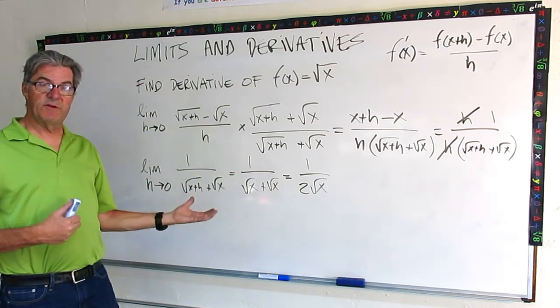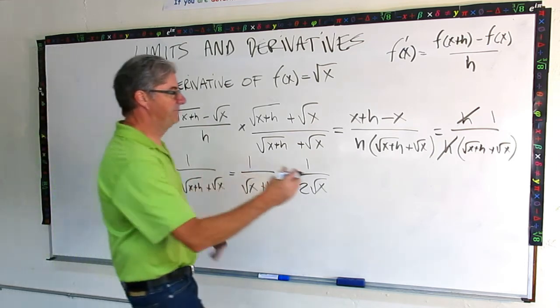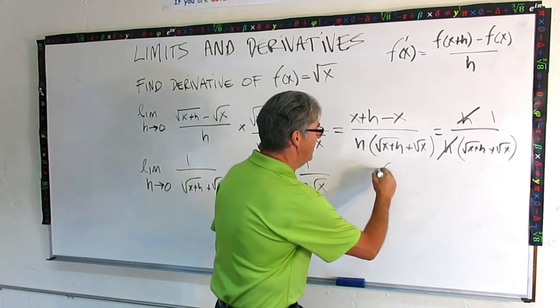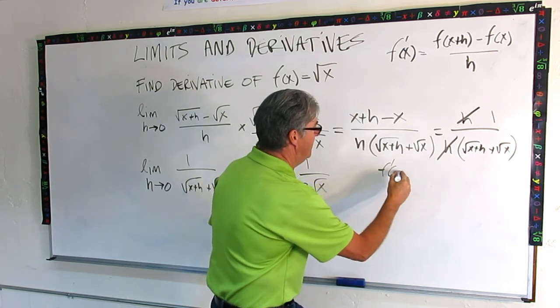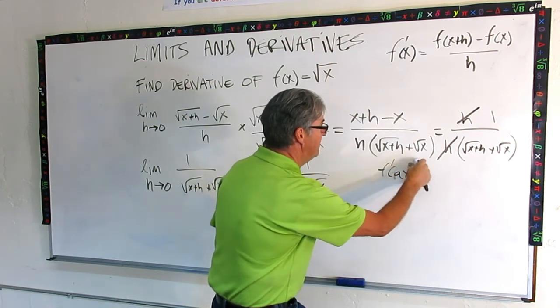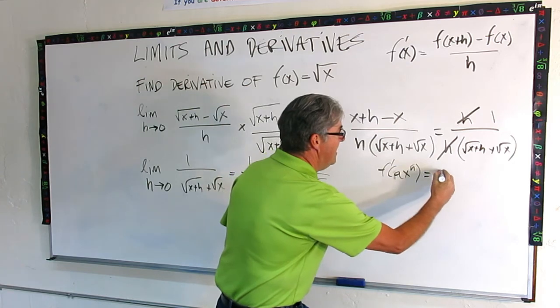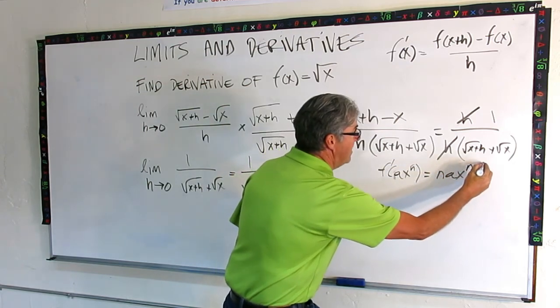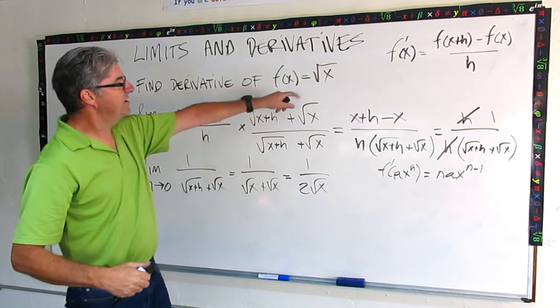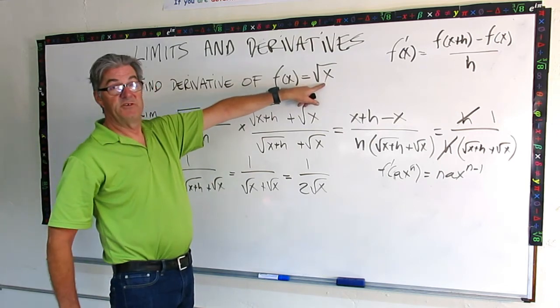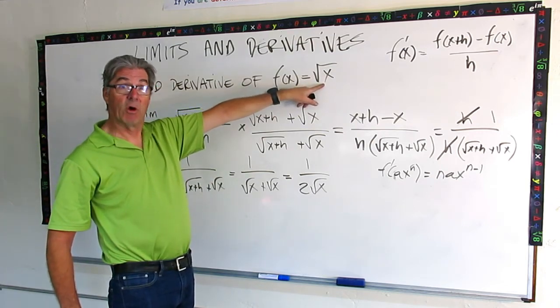Okay, let's use the derivative formula to check our work. Remember, f prime of ax to the n is going to be nax to the n minus 1. Now the trick to using a derivative formula in this case is to understand how to write square root as a power.